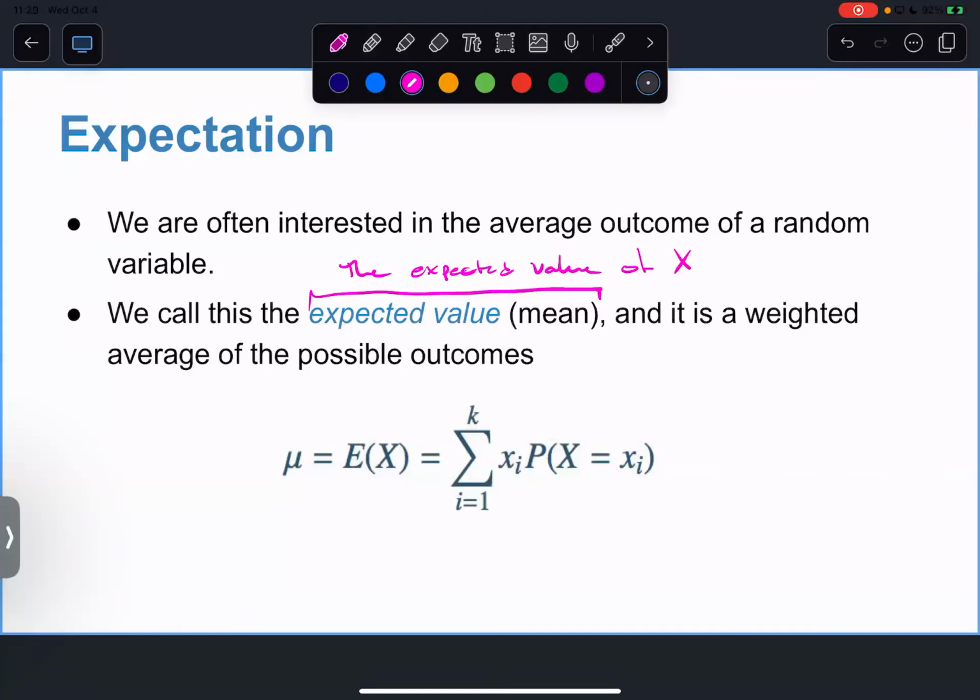I roll a die, what am I expecting the outcome to be? Is the mean. And of course, the mean is the average, right? Kind of tracing it back, okay? And so when we find the expected value, it's going to be the weighted average of the possible outcomes.